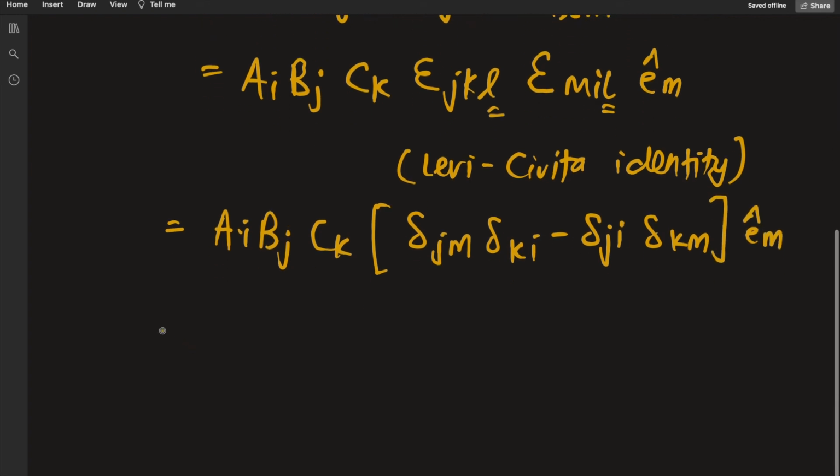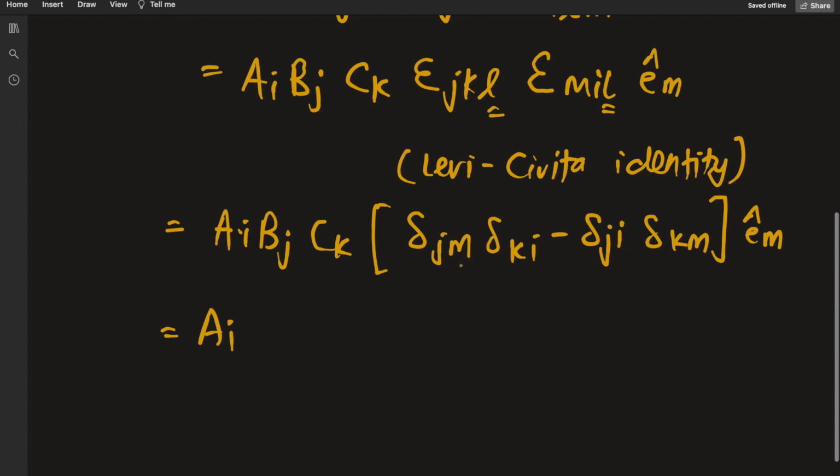Now let's use the properties of the Kronecker delta. The Kronecker delta will be 0 unless j is equal to m. So let's convert j to an m, and a k to an i, because there are two of these, so we need to deal with both cases.